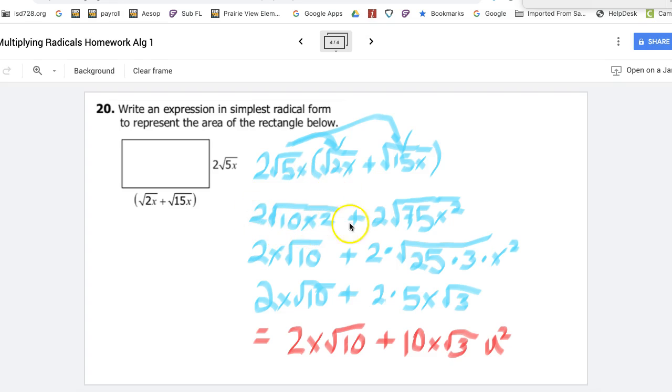So 2 root 10x squared plus, the 2 stays on the outside, 75x squared. Break it down, pull out what you can, and simplify, and you get 2x root 10 plus 10x root 3, and that would be units squared.